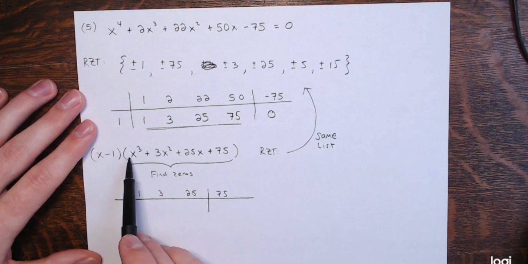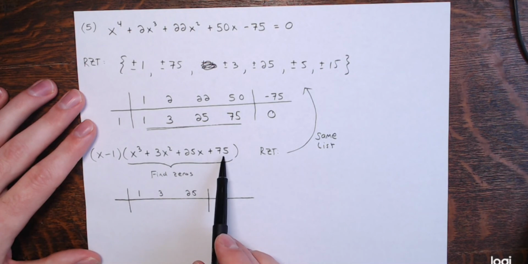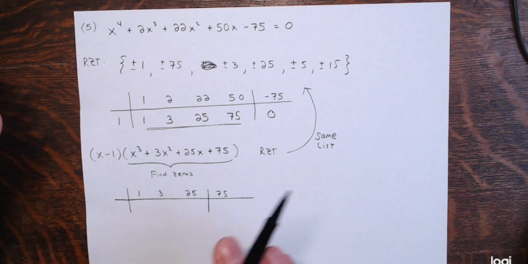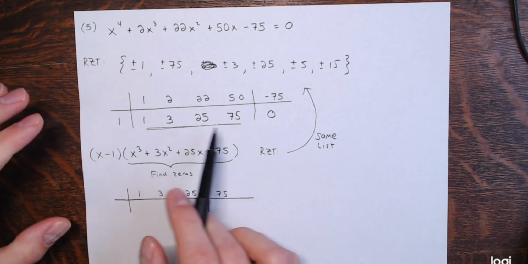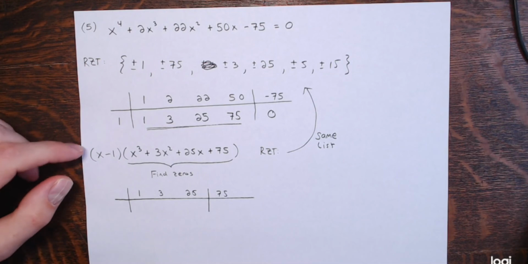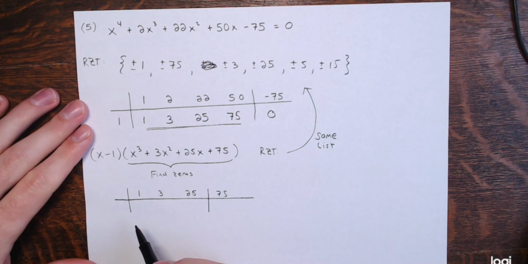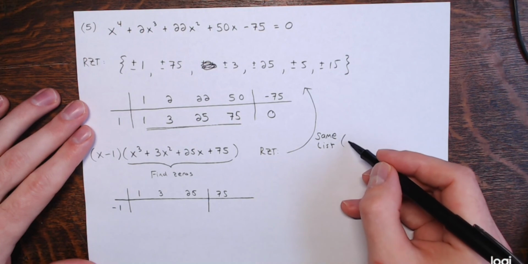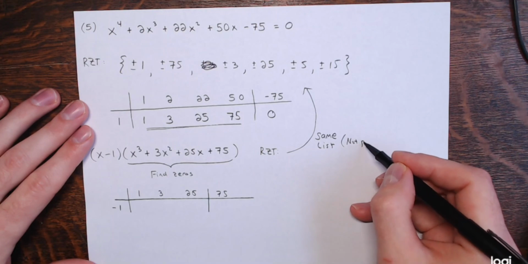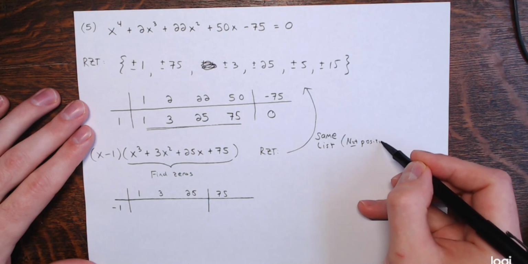So a positive number isn't going to work. So I guess I won't check 1 again. But just know that you could, right? Know that a number can be a 0 more than once. Just understand that. I'll check the negatives though, right? So we're going to check basically the same list, but not the positives. They won't work because all the coefficients are positive.